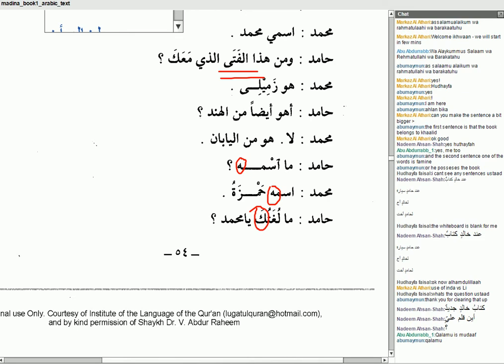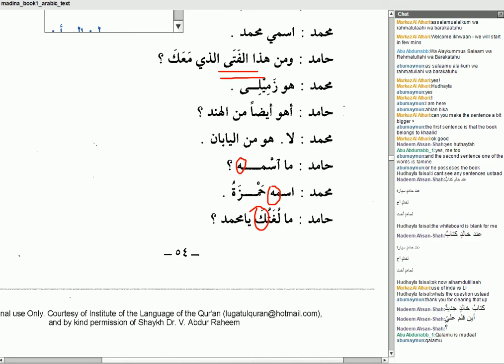So do we say each time أين, for example, أين قلم علي, وأين كتاب علي, وأين, what's that word for bag again, guys? It was in الدرس الخامس, I think, or الدرس الرابع. وأين bag or briefcase.